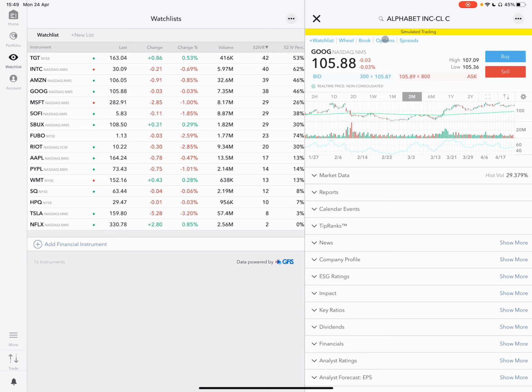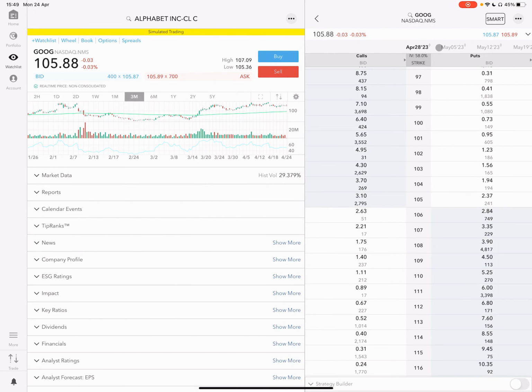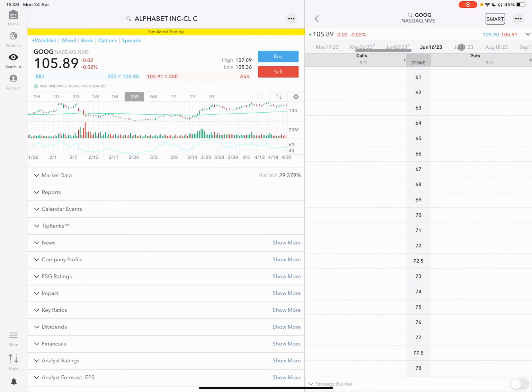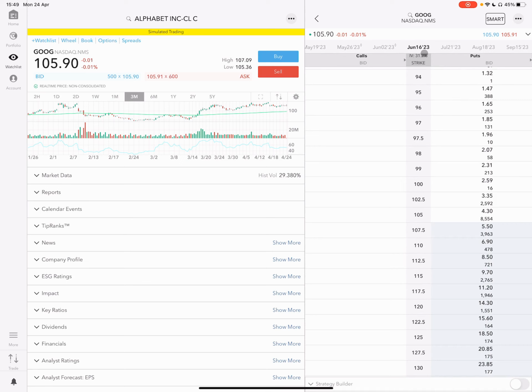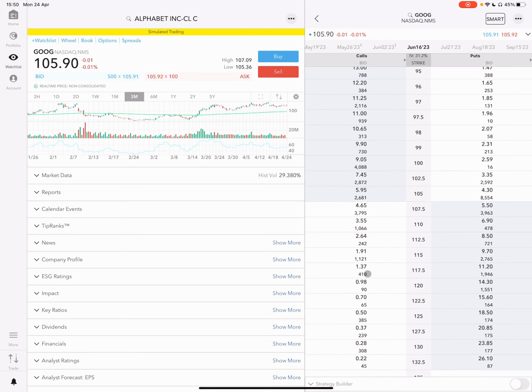So if we go into options, and again, I talked about in the last video that I like to sell options on the weekly cycle, 45 to 60 days out, and the first monthly cycle that fits that criteria is June the 16th. Now, because we are looking at calls, we want to look at the left-hand side, and obviously the strikes are going up.